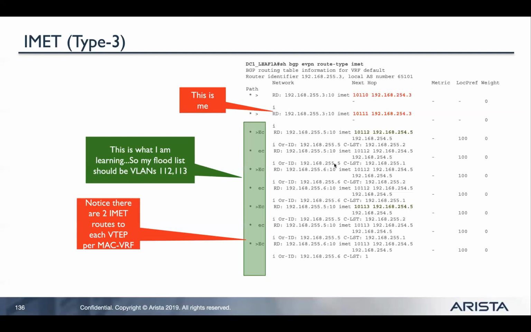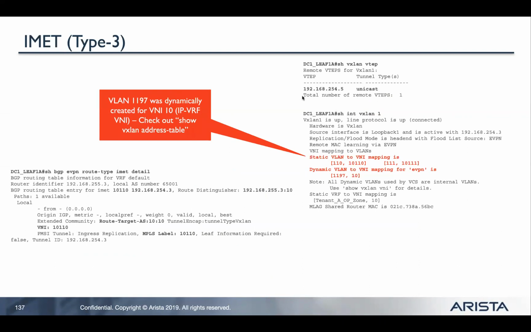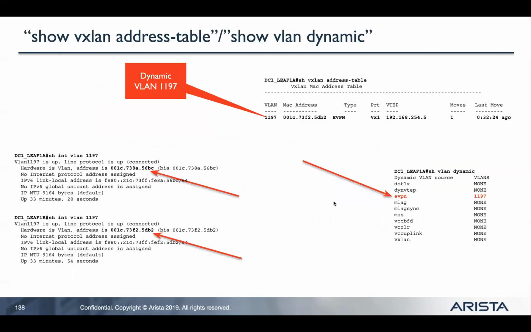So this is how we received the IMET route, and as we discussed, this only shows as unicast, but there are no VLANs associated with that. And this is the dynamic VLAN to VNI mapping, and also the tenant VRF mapping.